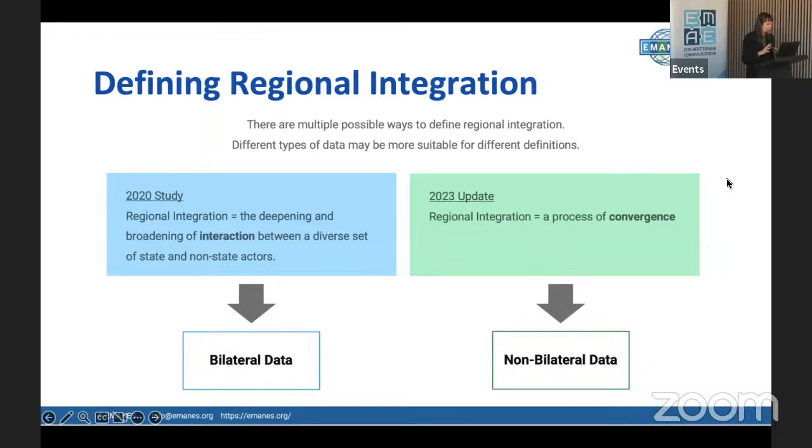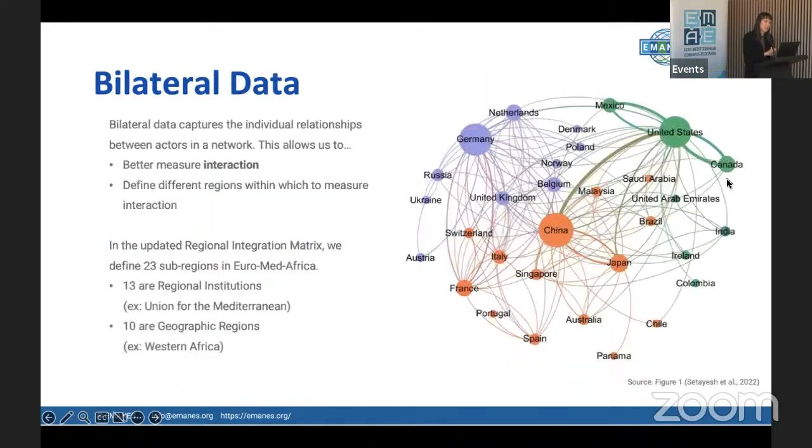And the way that we deal with these different definitions in the 2023 update is that we use different types of data. Bilateral data is better able to capture interaction, but first, I should define bilateral data. Bilateral data shows us the relationship between two actors.